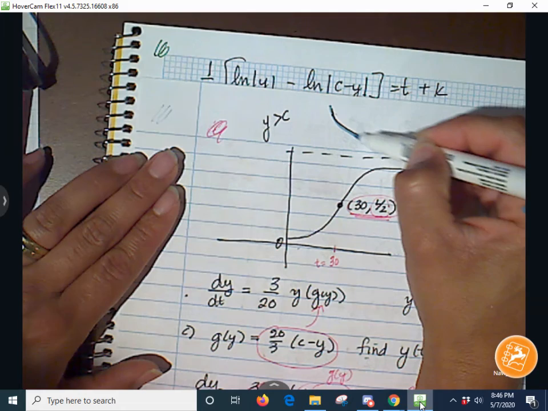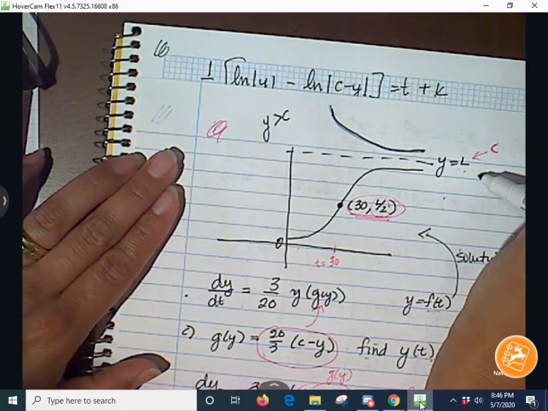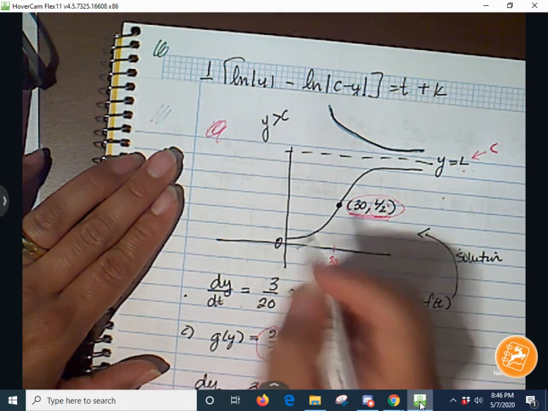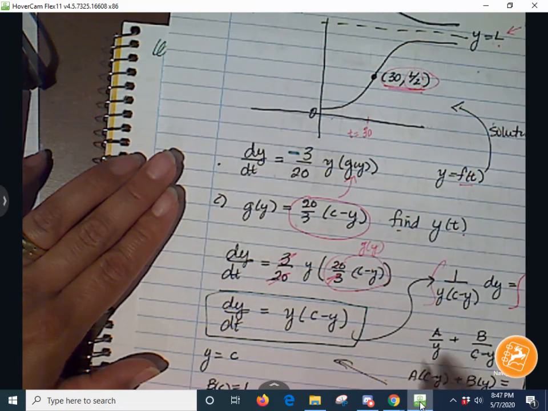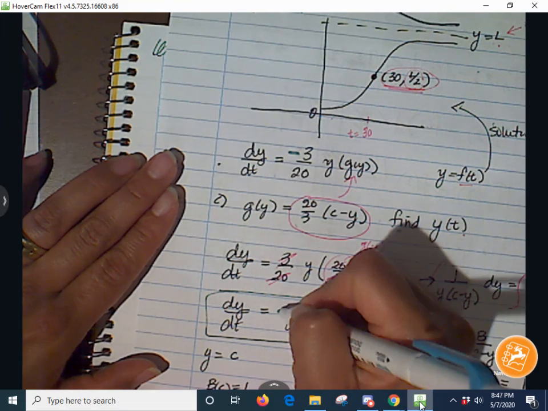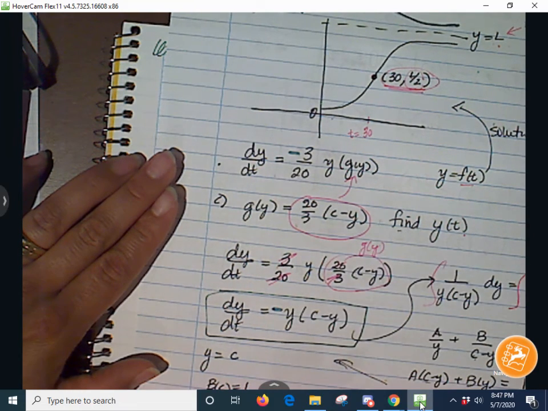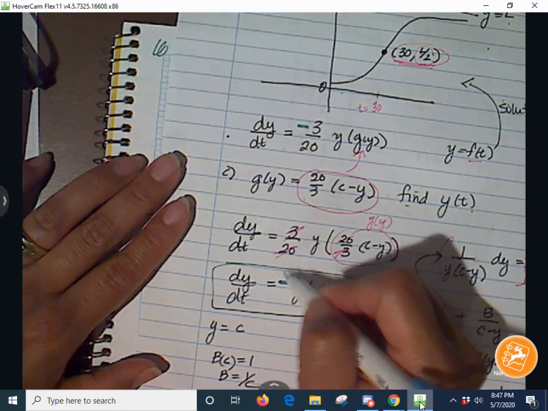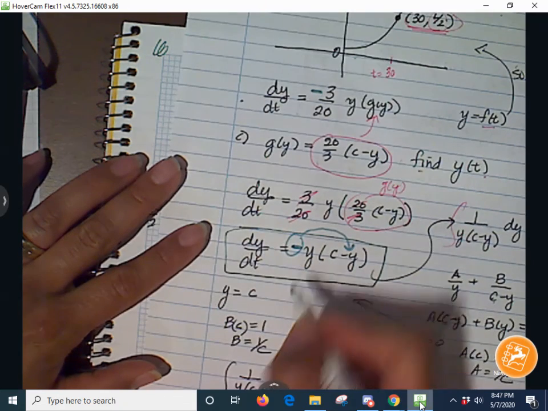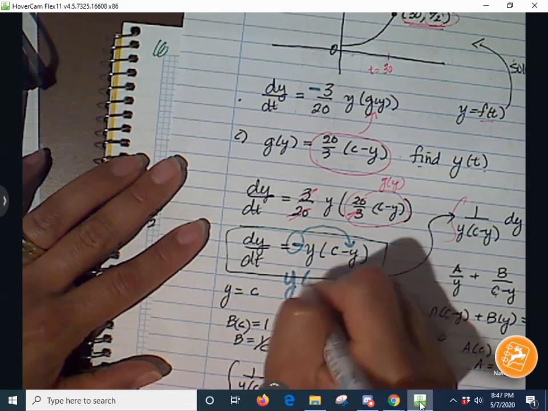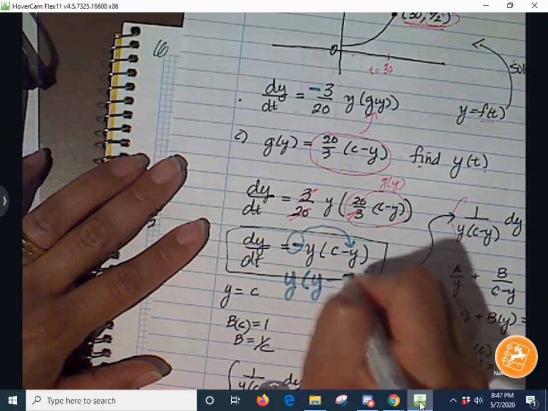If our y values are above c, then our dy dt would then be negative. Okay, so if I want to talk about my y values when they're above c, what they did is they took that and put that in here. And so then you would have y, and then it'll be y minus c.